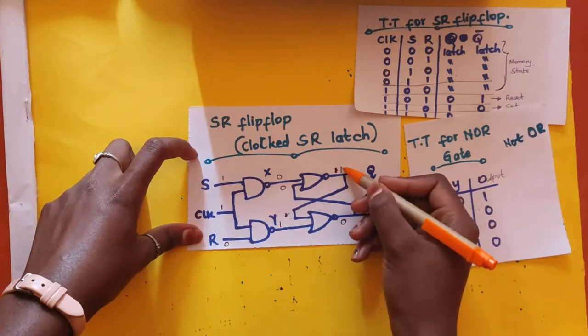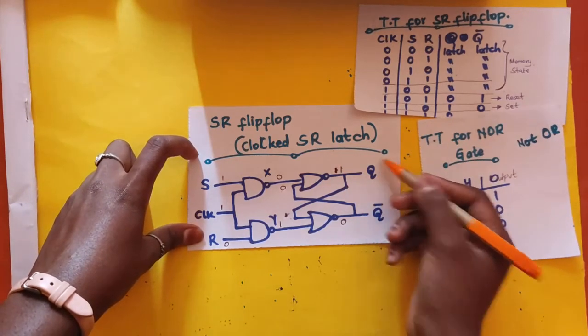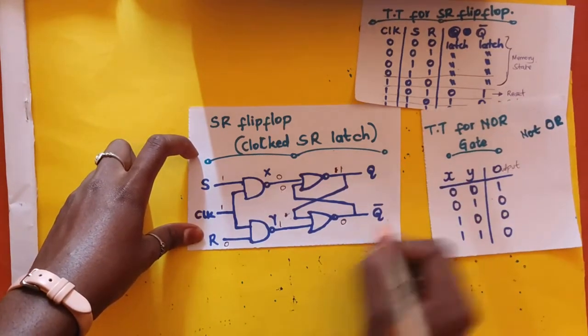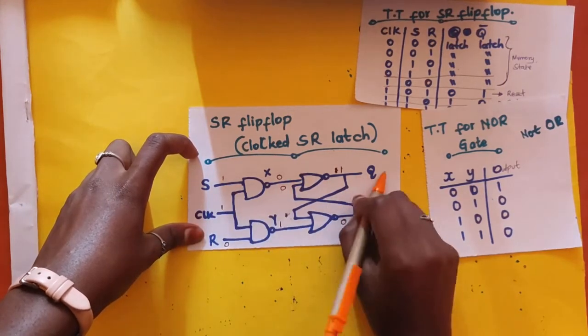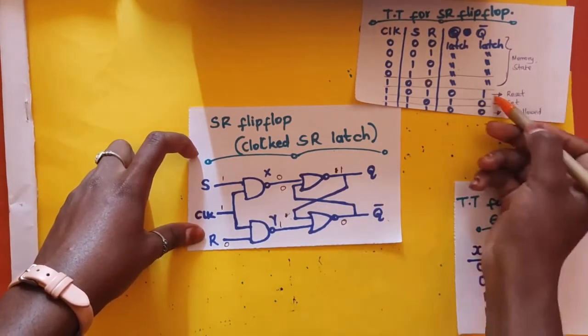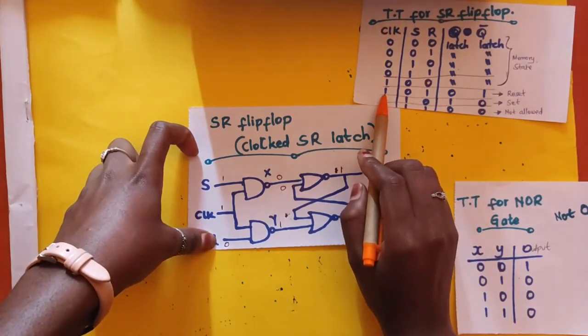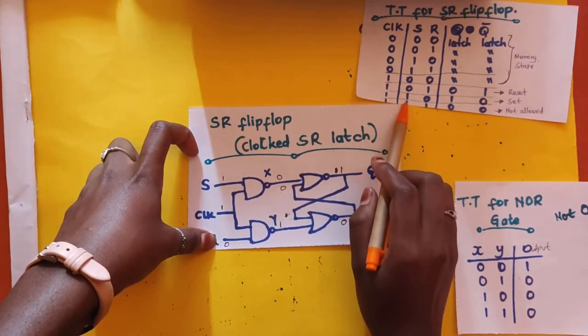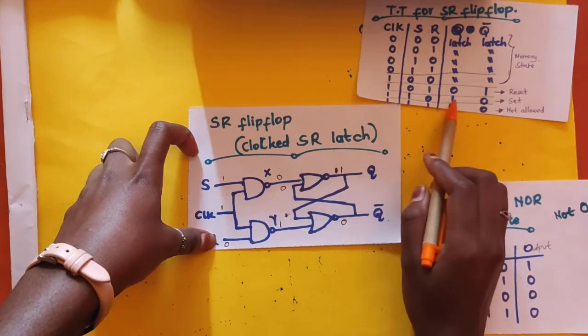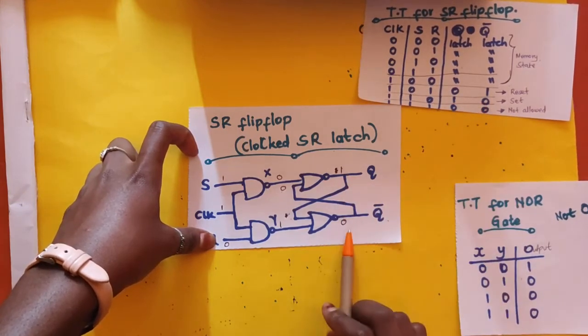So a 1 0, and this is setting because this is Q, this is Q naught: the resetting side, the setting side. When we have our input as 1 0, the output is 1 0. So that's setting.